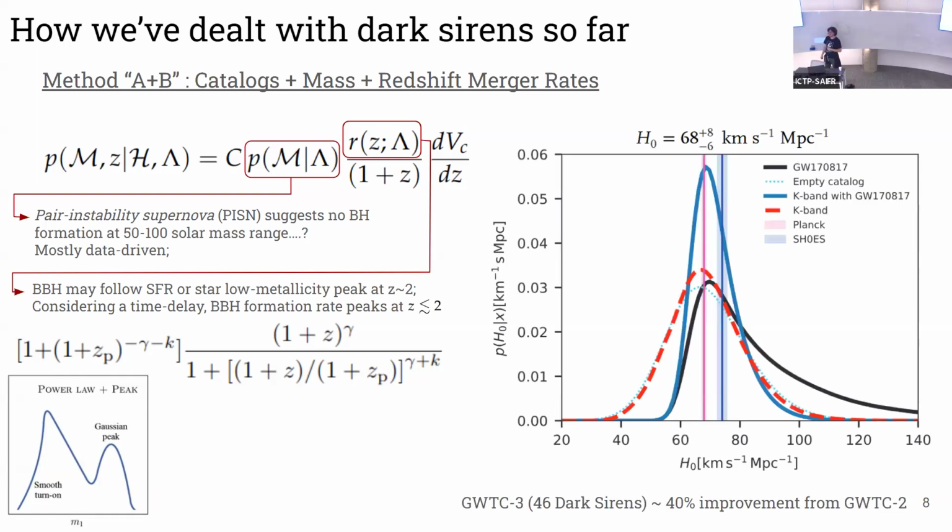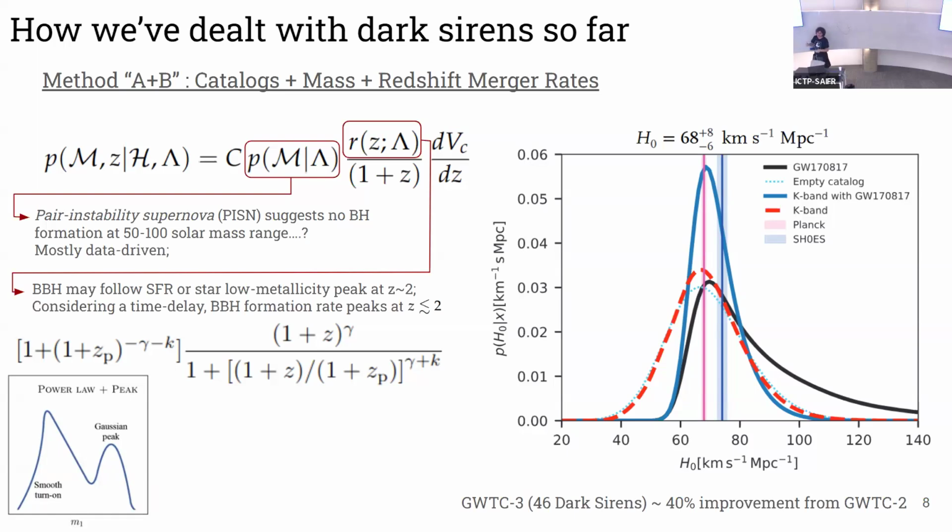So this is the second time they did an analysis. The light dashed curve is what we call an empty catalog, which is basically this B method, only using this prior on the mass distribution. This dashed red line is the galaxy catalog and the merger rate method combined together.